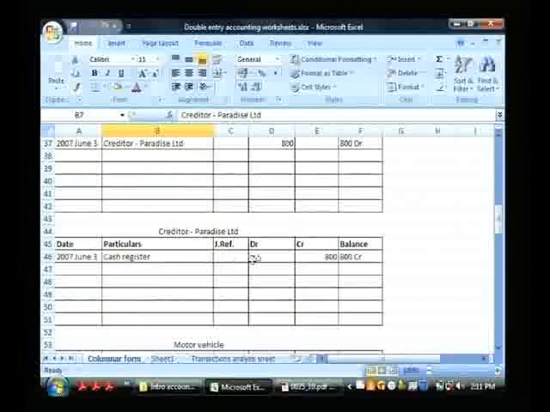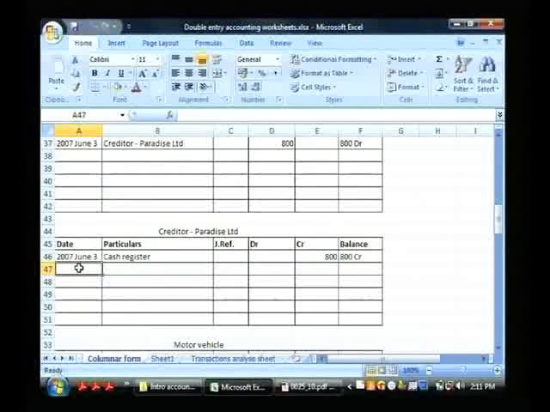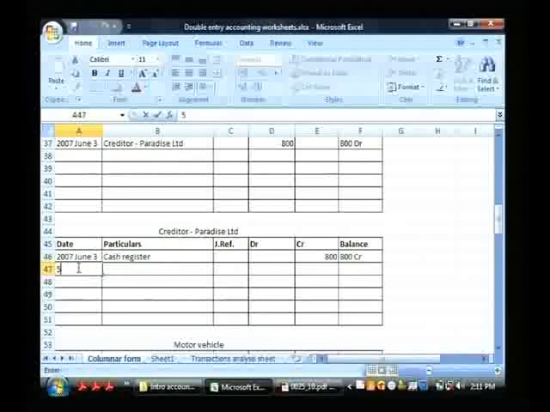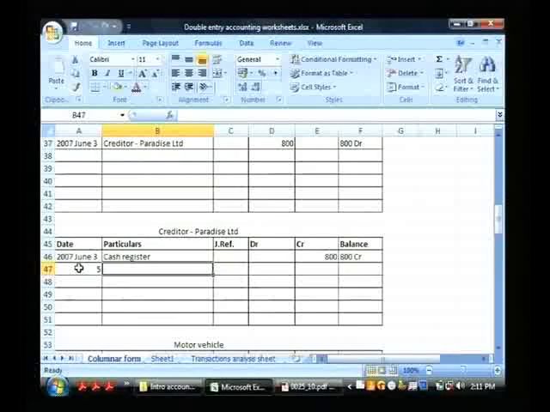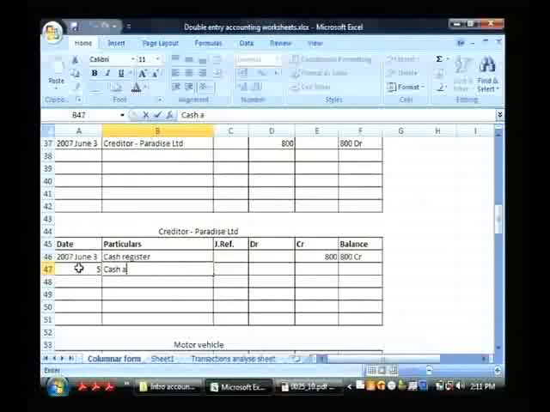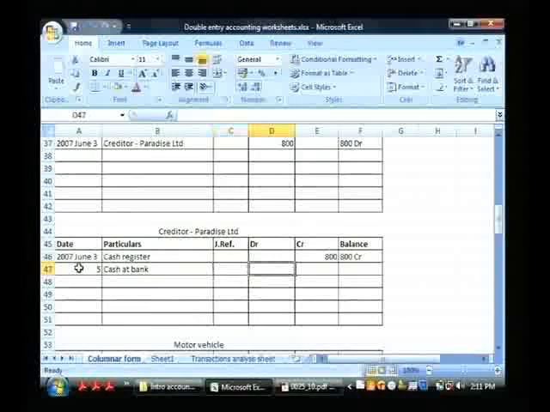We have Paradise Limited's account here, and date is 5th right here, and then cash at bank. That is the title of the corresponding account. The amount is 800.